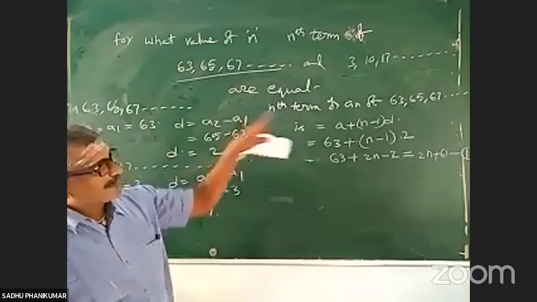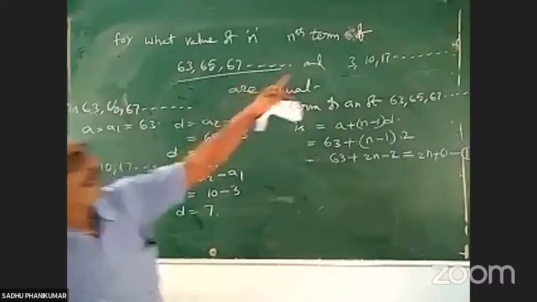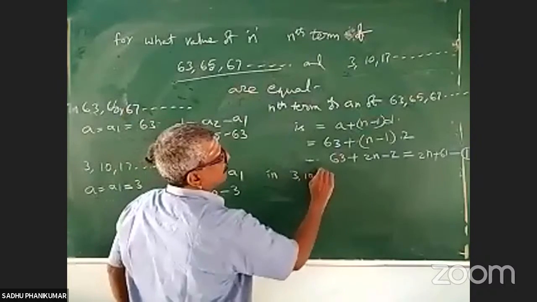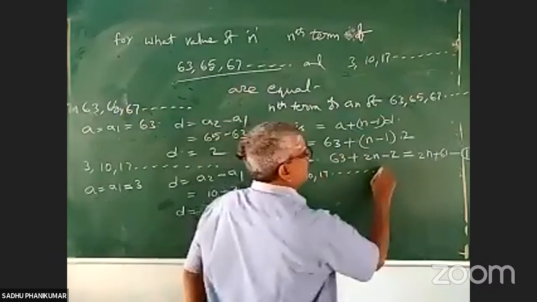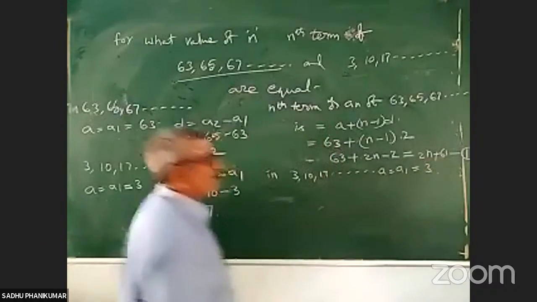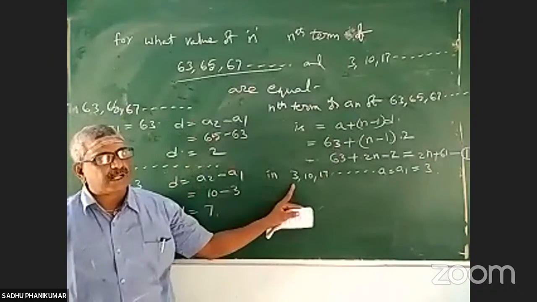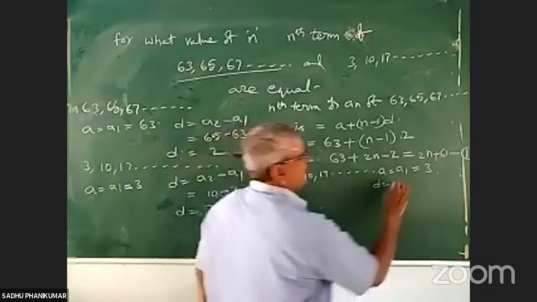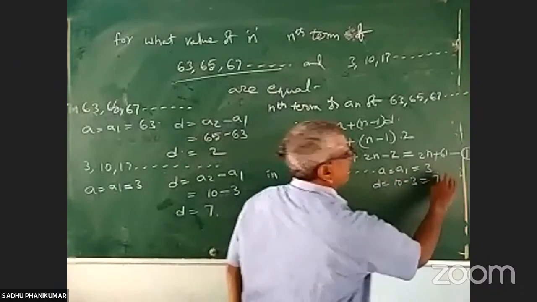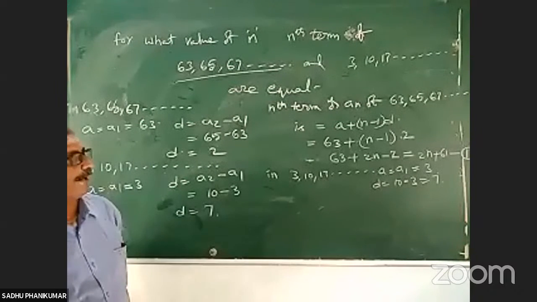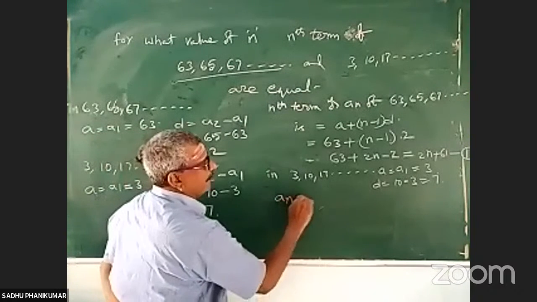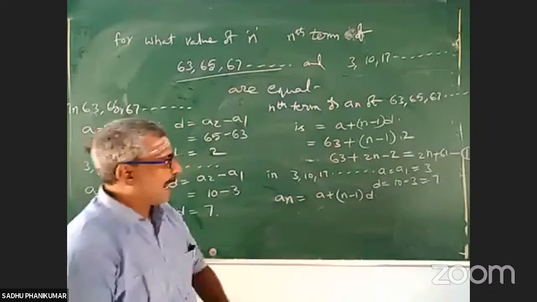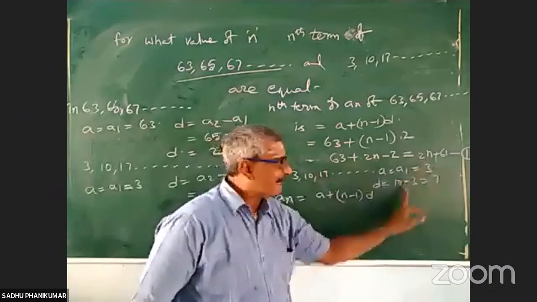From the second one, 3, 10, 17, and so on, A is equal to A1 is equal to the first term, 3. Next, D is equal to A2 minus A1, that is 10 minus 3, that is equal to 7. Now an is equal to A plus n minus 1 into D. We have A value as 3 and D value as 7.